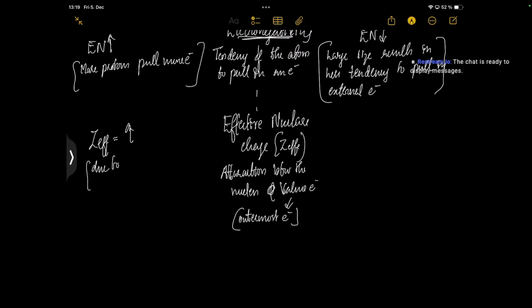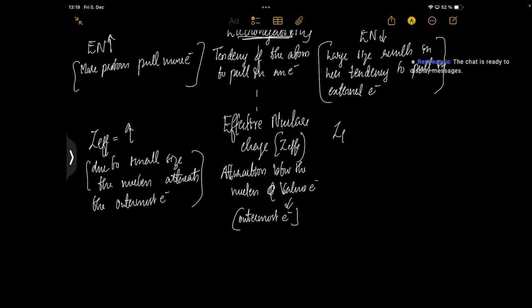Due to small size, the nucleus attracts the outermost electron.